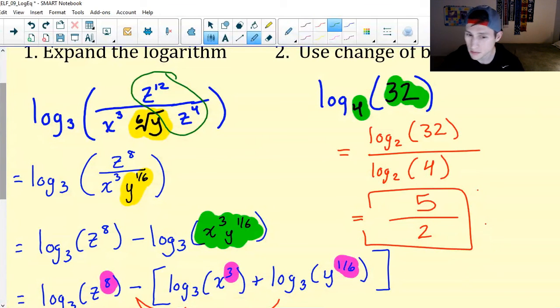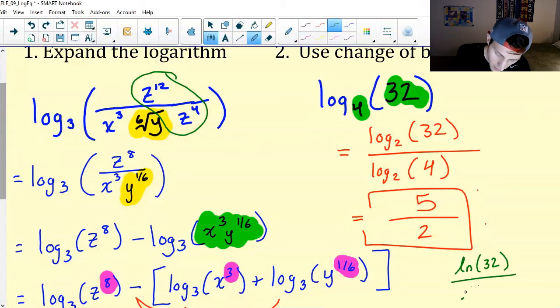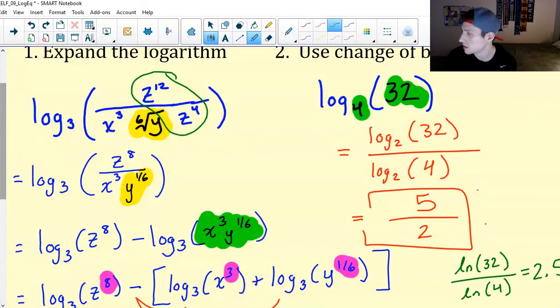We talked about just mostly using natural log or common log yesterday. So if you type into your calculator natural log of 32 divided by natural log of 4, it would give you 2.5, which is the same thing as 5/2. It's just the decimal version.